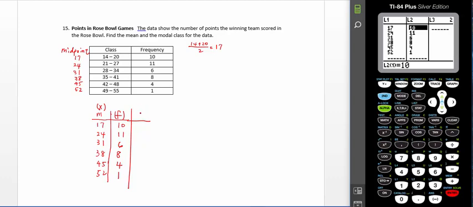In L3, I'm going to do x times f: 17 times 10, 24 times 11. That would give you the total number of points scored. So I'm going to move over to L3, highlight L3, and define L3 as L1 times L2.